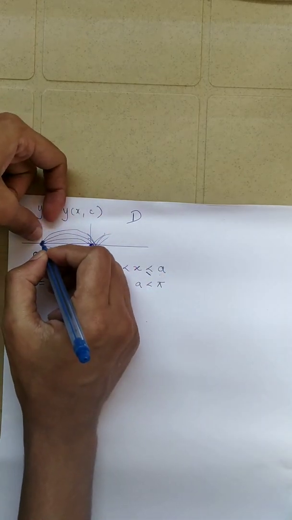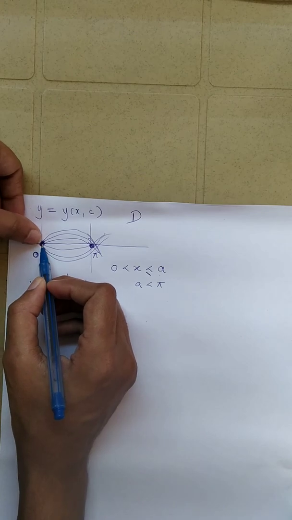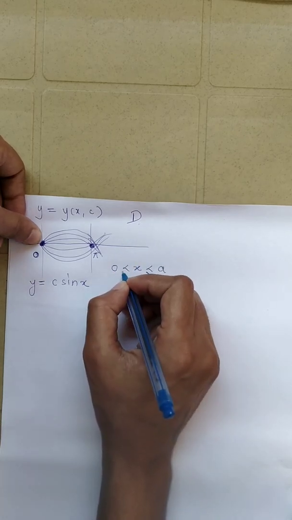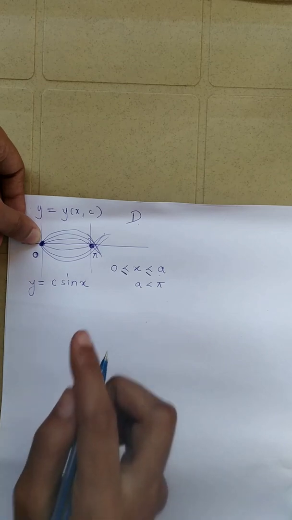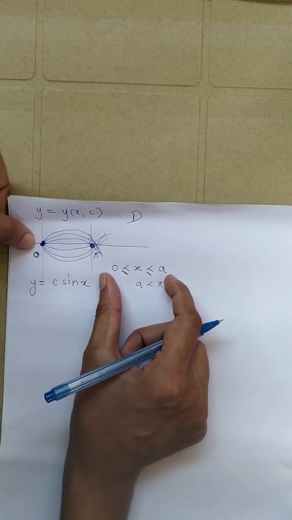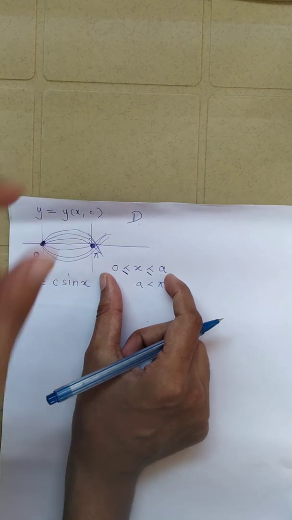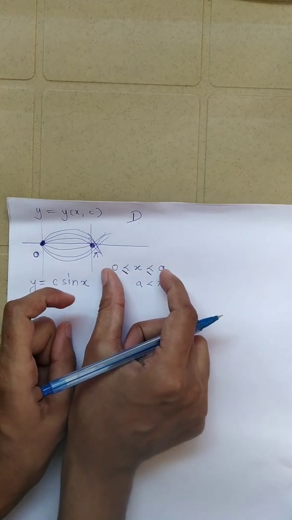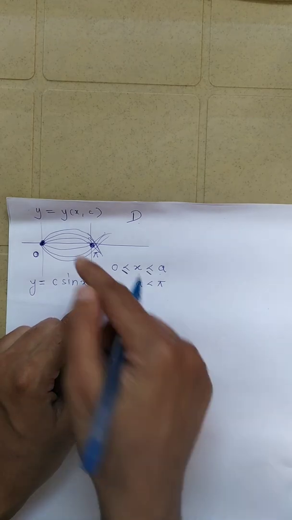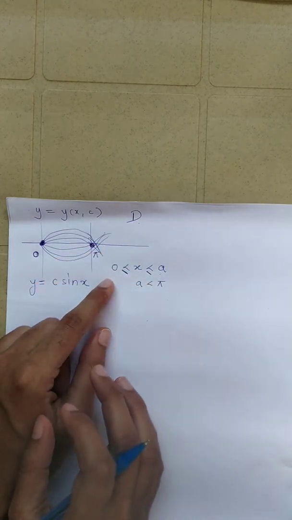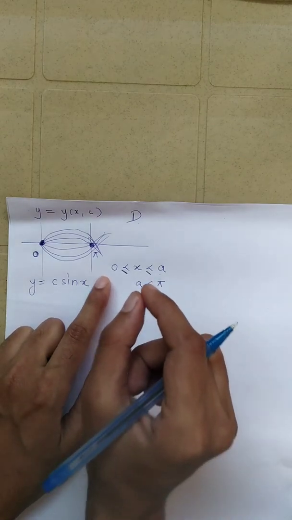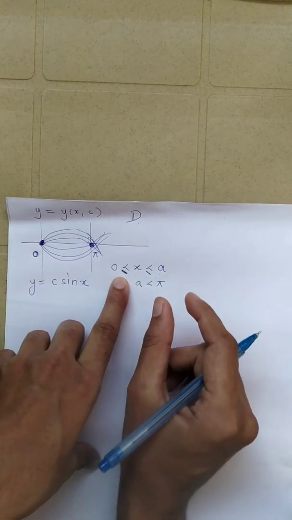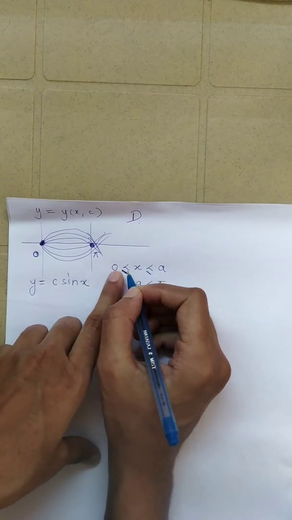It will not always be necessary that this point lies outside the domain D. Even if we consider it like this, it will still form a central field in this domain, because apart from the center point, 0 comma 0, there is no other point in the domain D at which those curves intersect each other. So we can include this point as well.